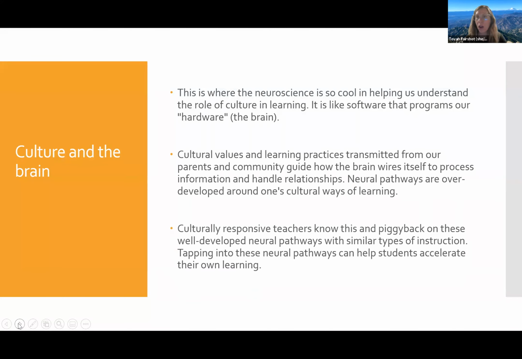And when you are culturally responsive as an educator, you know this and you piggyback on these already developed neural pathways with similar types of instruction, right? You tap into your students' neural pathways to help students accelerate their own learning. This is where prior knowledge comes in, right? Really leaning into, what do students already know based on their own upbringing, based on their own cultural experiences? And how can we tie that into the classroom?